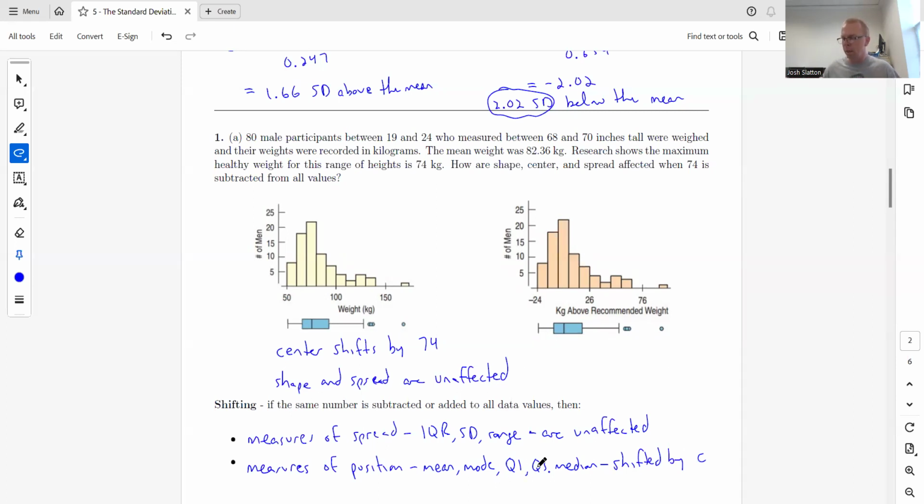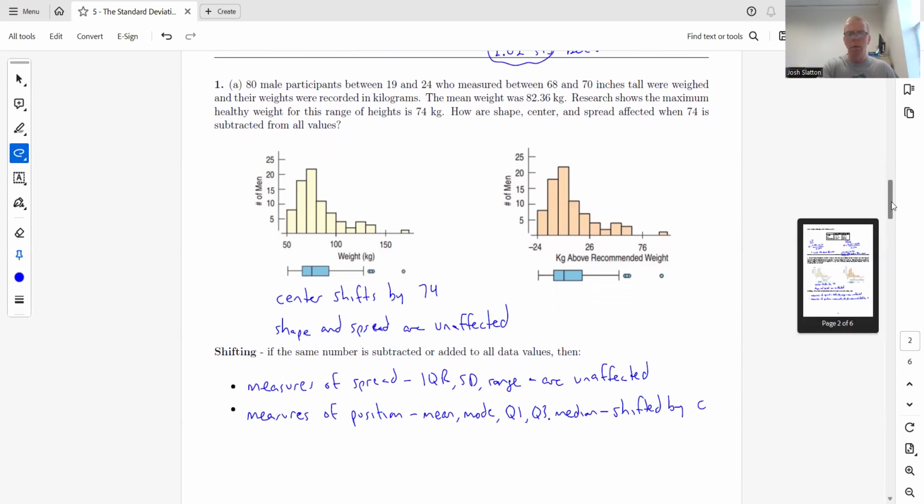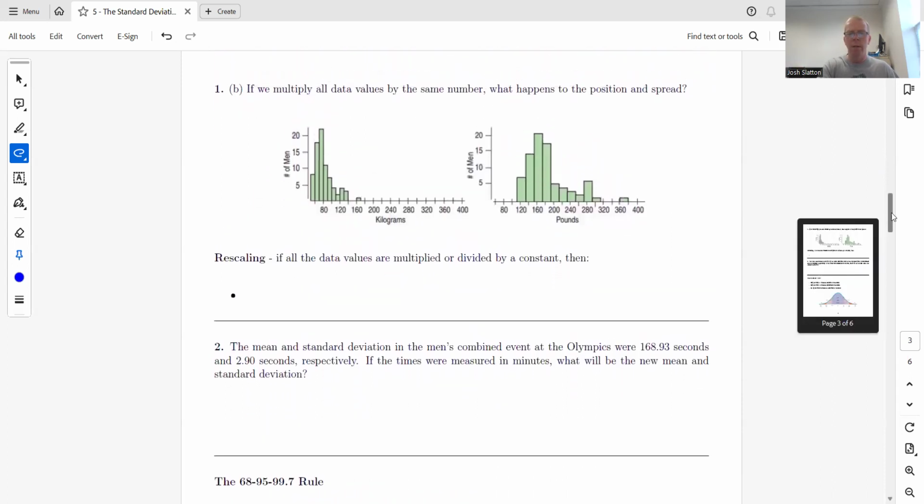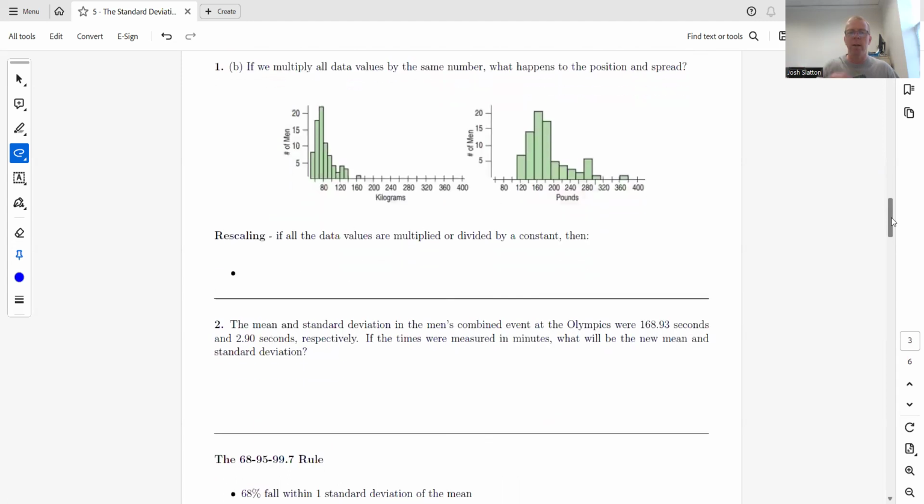So, all right, what if we multiply? Let's say we multiply all the data values by the same number. So we're going to convert from kilograms to pounds. I think that multiplies by about 2.2. So what happens to the position and spread?